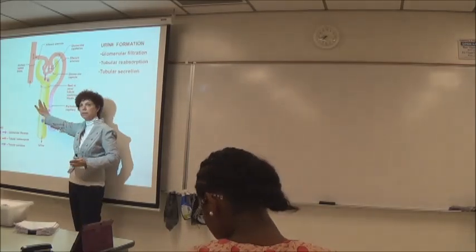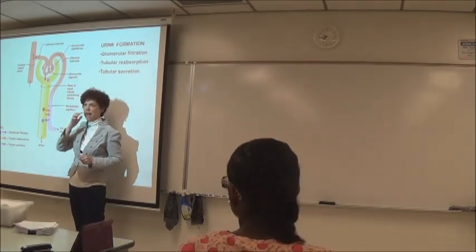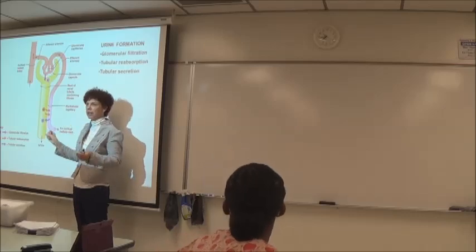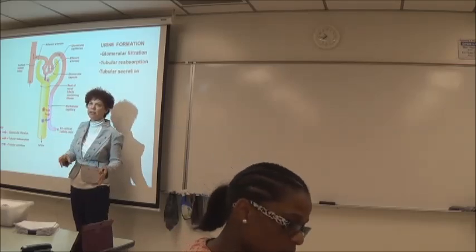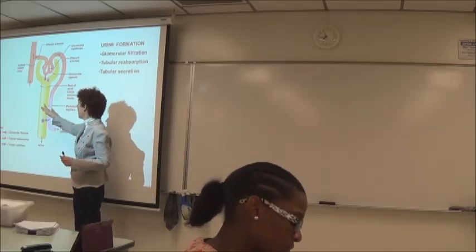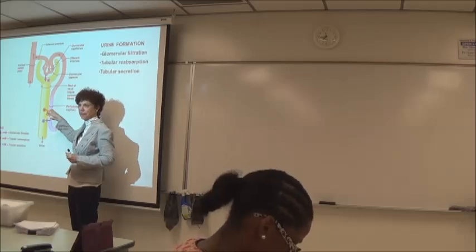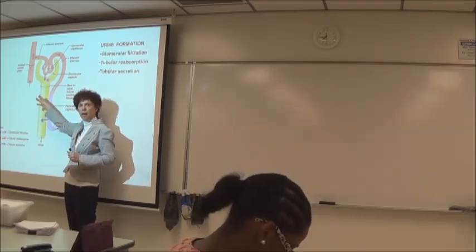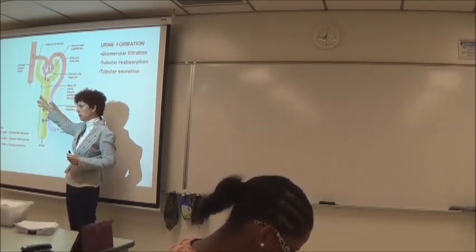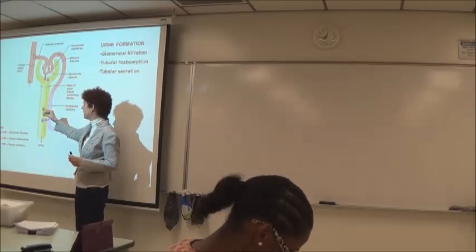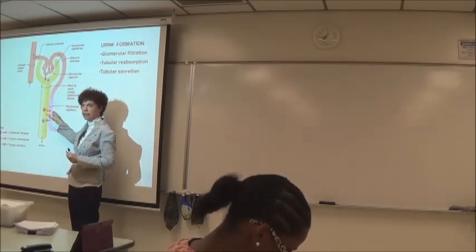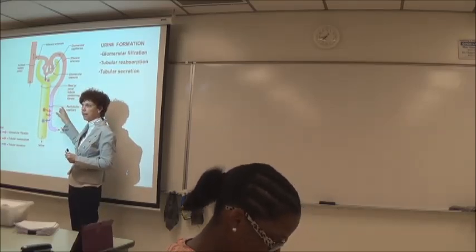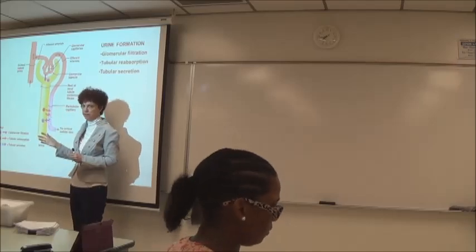When we take material, remember I told the story about the kids' stuff in the box? So kids are missing some of their toys, they go out to the garage and get their toys from the box. That is reabsorption. Okay? So that's taking material that's already in the filtrate, whether it's water or salts or amino acids, and returning it to our second capillary bed, the peritubular capillary. That's reabsorption.